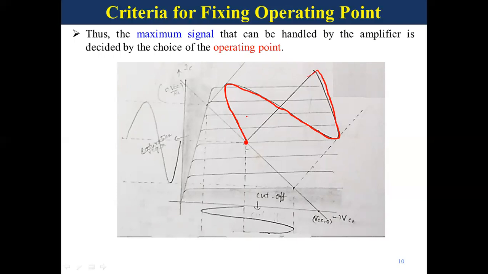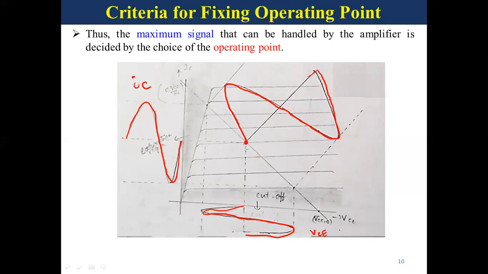For the complete positive half cycle the transistor is in the active region, and even for the complete negative half cycle the transistor is in the active region. So we are getting IC, the output current, without any distortion, and VCE also without any distortion. So this is the maximum signal the transistor can handle, decided by the operating point.